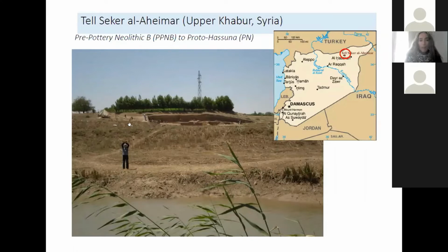Here you have the typical tell, pre-pottery Neolithic, with 2 houses in the same tell. There is also a cemetery, so it's a place that has been always inhabited by the living and the dead. And here the Khabur with water, which not always happens. 2 years later, the picture was taken in 2008, and 2 years later there was no water.